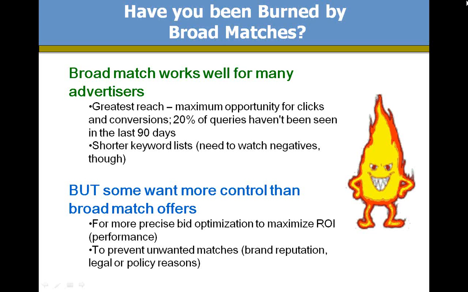So while broad match offers the greatest reach, phrase and exact match offers the most control. But it seems like there might be something missing, something in between, and that's where Google has now released the modified broad match.